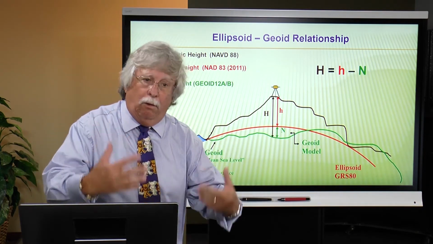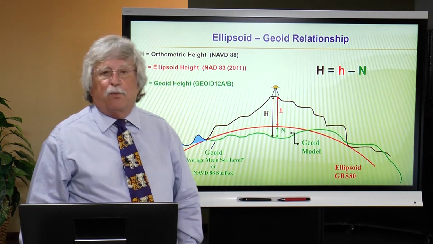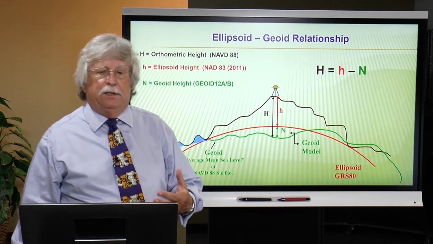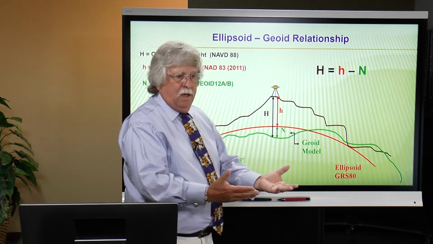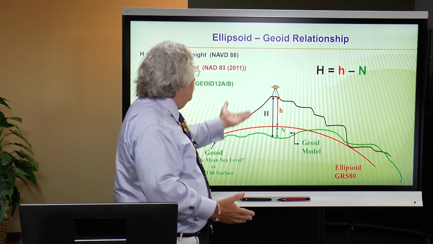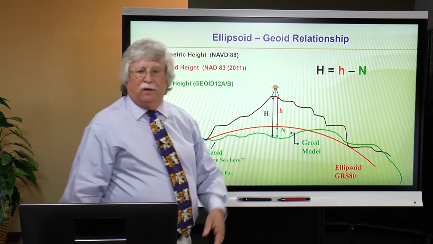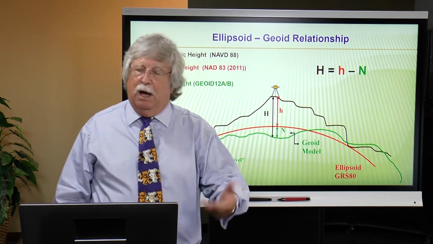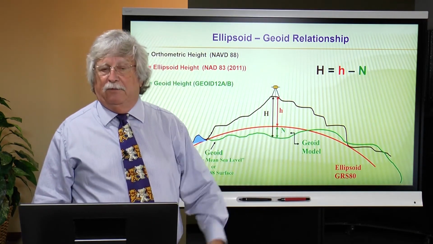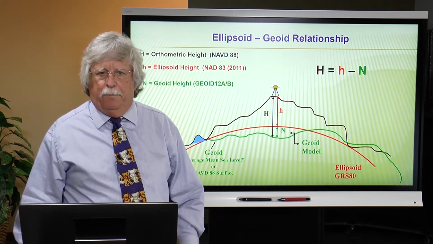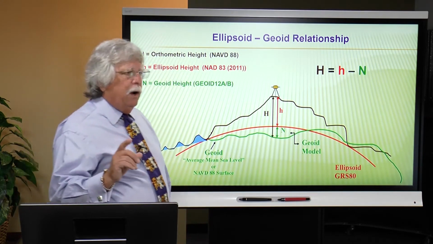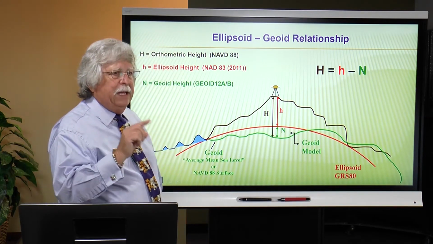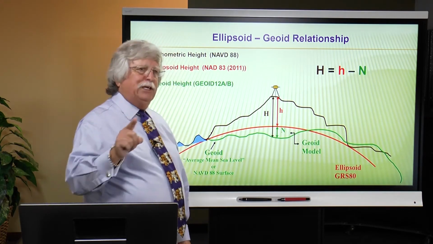That's the goal. And the way NGS has approached this up until only recently has been, all right, we know that the gravity data does not fit the leveling data at the couple of millimeters, even a few centimeter level. What to do? Well, the procedure has been to acquire what they refer to as GPS on benchmark.